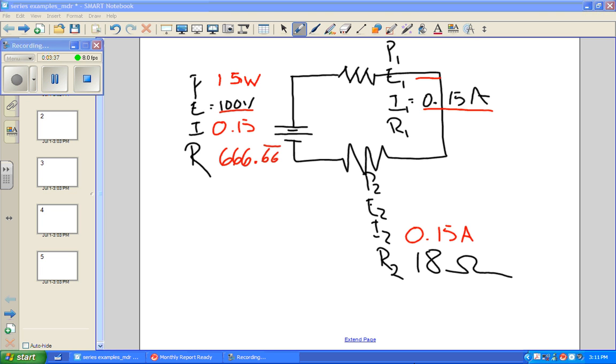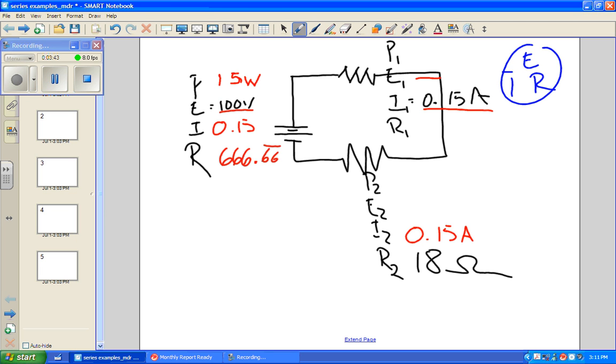If we multiply the resistance times the current, we get the voltage. All right, so let's multiply 18 times 0.15, and what do we get? 2.7 volts.